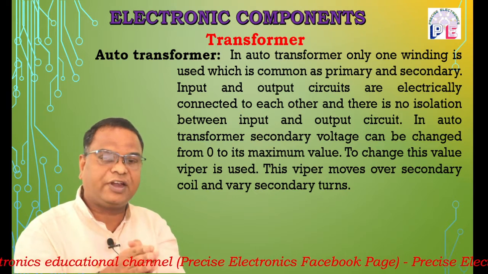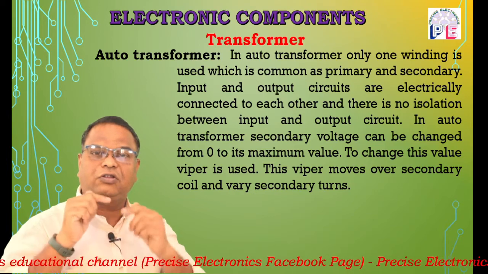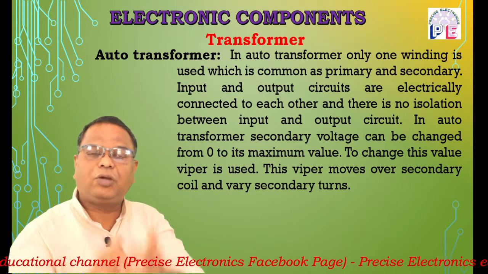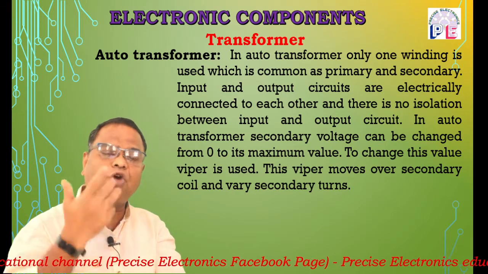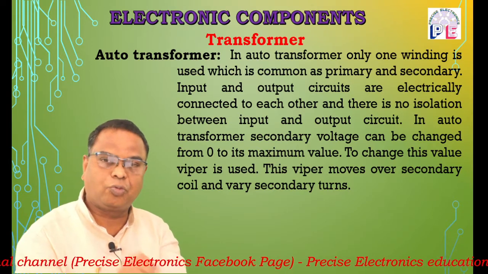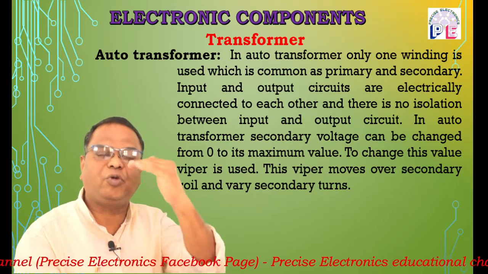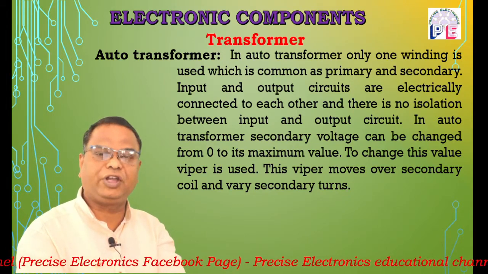Basically, there is no separate secondary coil. The wires are tapped to that coil, and the secondary portion has more turns so that the output potential can be more than the input potential. The output can vary from a minimum of 0 volt to a maximum value, mostly 270 volt.